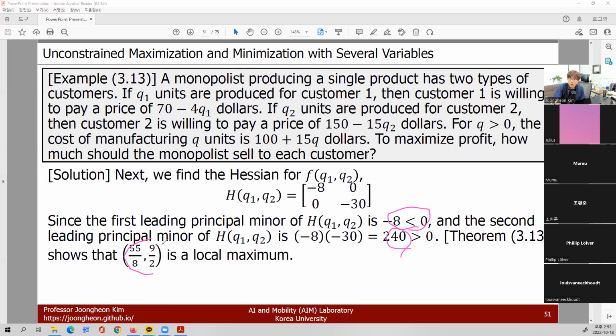So for this stationary point, which makes the partial derivatives 0, you are taking the local maximum of a concave function. That's why this point guarantees the maximum value. That's why to maximize profit, Q1 should be 55/8. Q sub 2 will be 9/2. That's the result of this example.